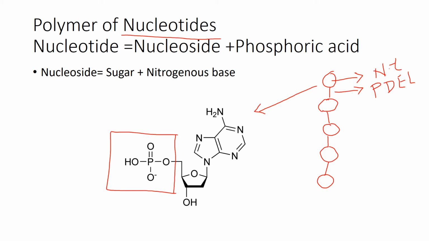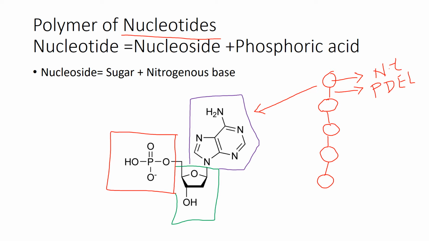Then the second part is the sugar, this part which we are highlighting in green. And the nitrogenous base is the part which we are highlighting in purple. Okay, so these are the three parts of a nucleotide, and let us first name them.